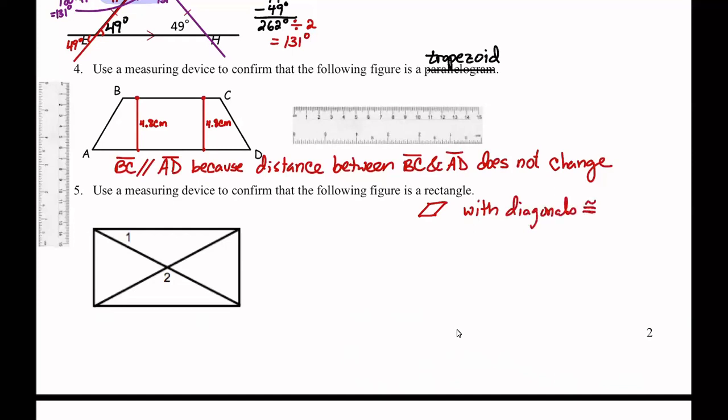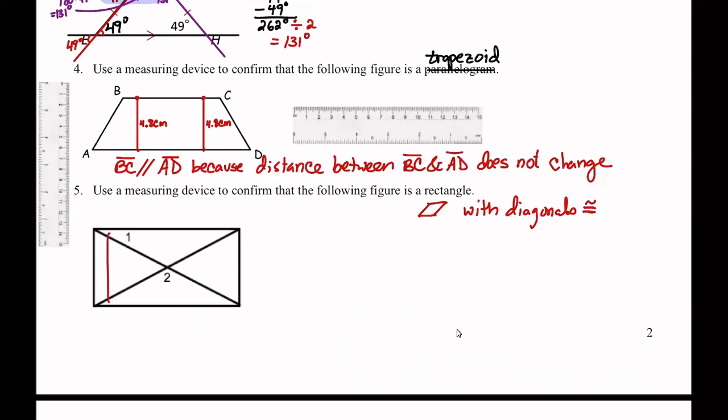All right. Now, earlier I mentioned that one of the characteristics of a parallelogram is that the diagonals bisect each other. So we could demonstrate that a figure is a parallelogram if the diagonals bisect each other.